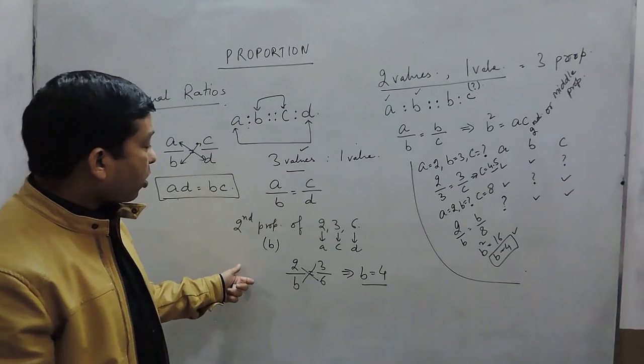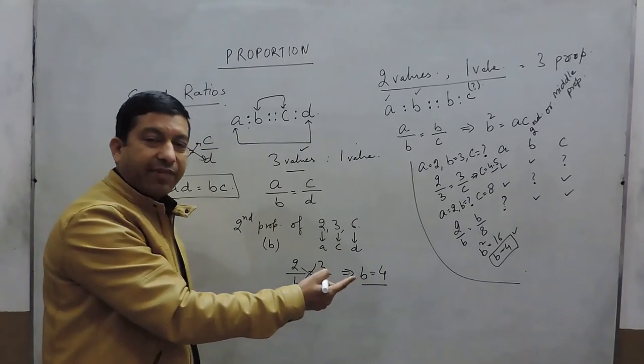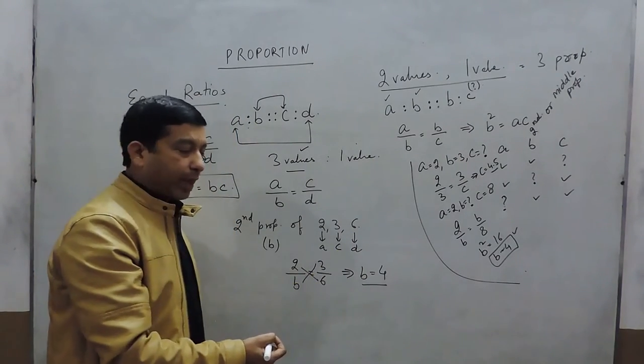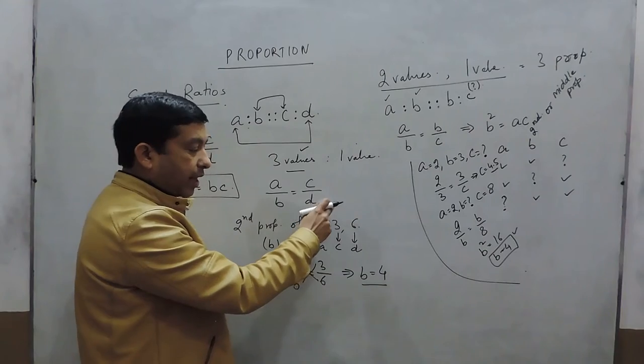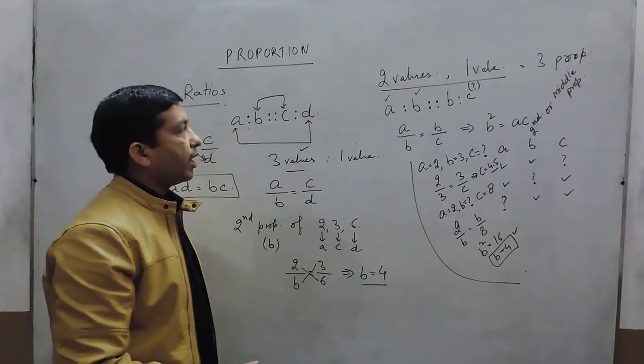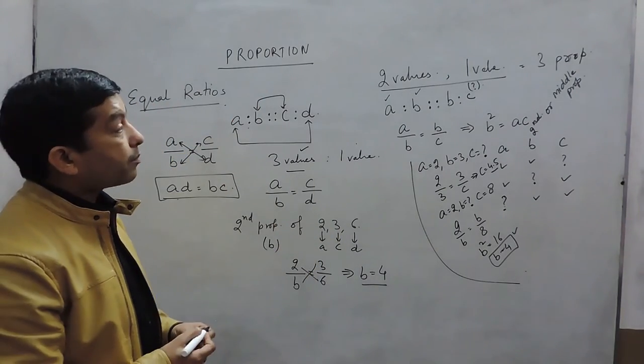We can also get a question asking for the fourth proportion of any three values. Then the first value is A, then B, and then C, while the fourth value D we have to find out. So this is the basic meaning of proportion.